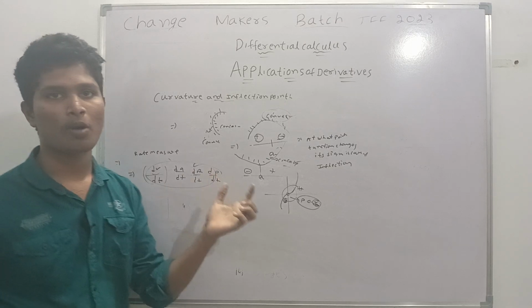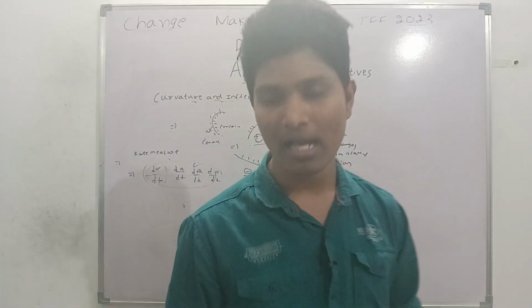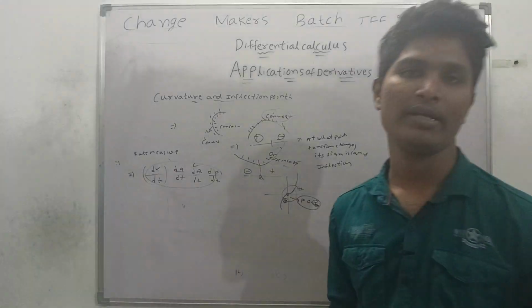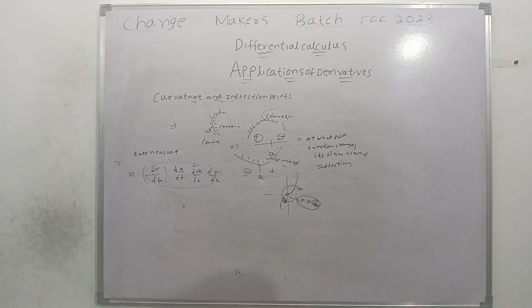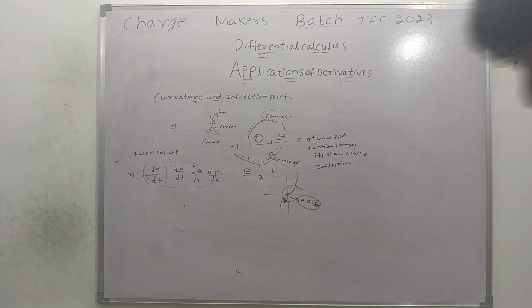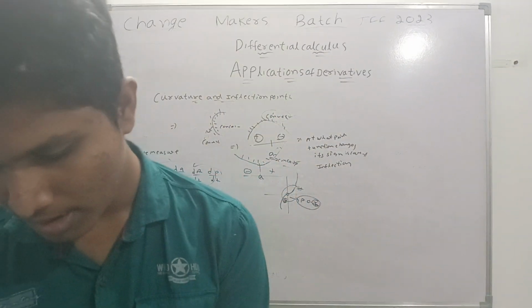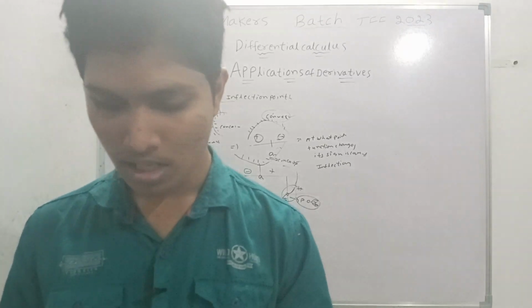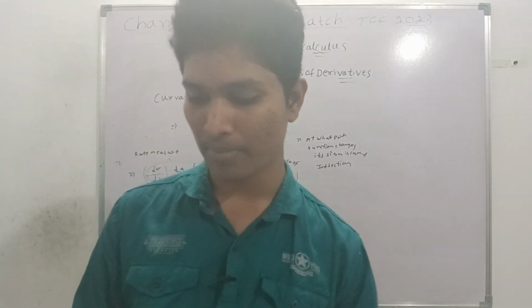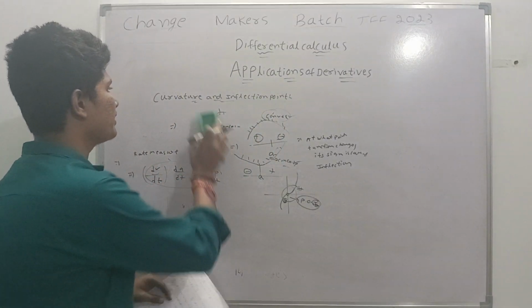I will discuss one problem in this rate measure so you will get an idea. So basically the chapter, applications of derivatives, is completed, and now let's discuss some problems in this chapter, where you can understand how derivatives are applicable in solving problems.